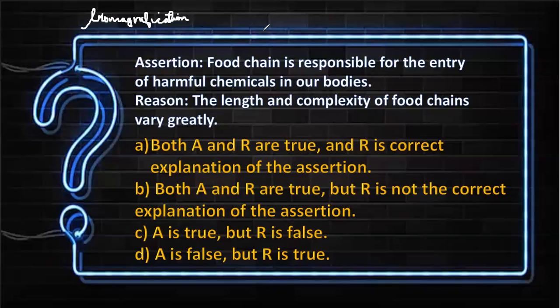Next, you have to check whether the reason is the correct explanation of the assertion or not. If we check, assertion is a correct statement and reason is a correct statement, but the reason given here does not match the assertion.